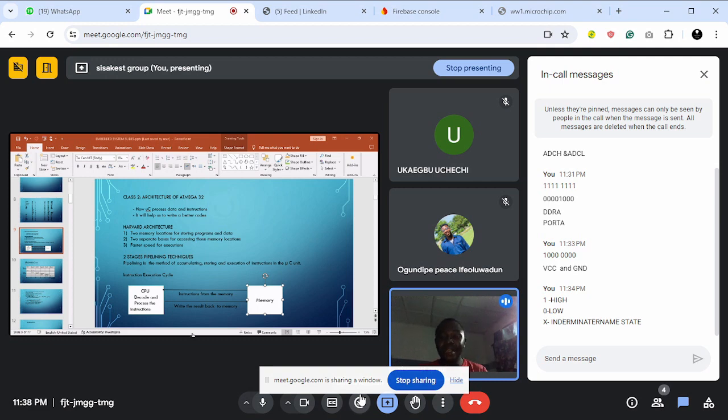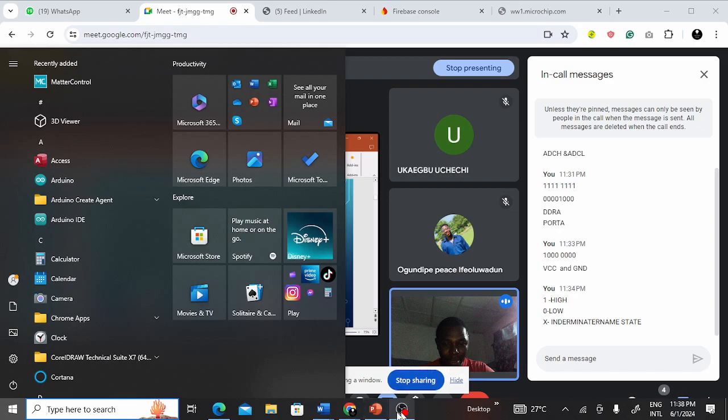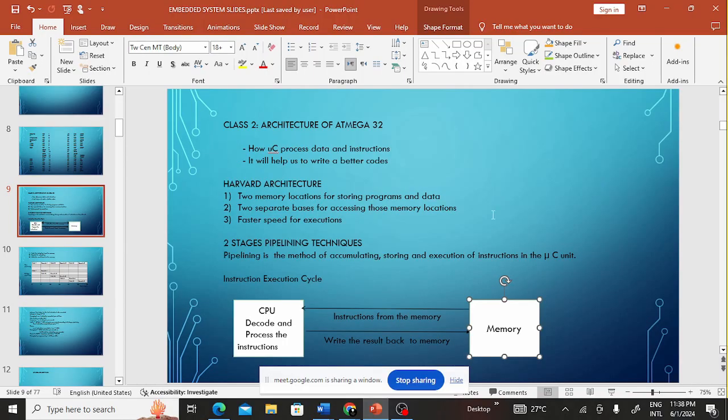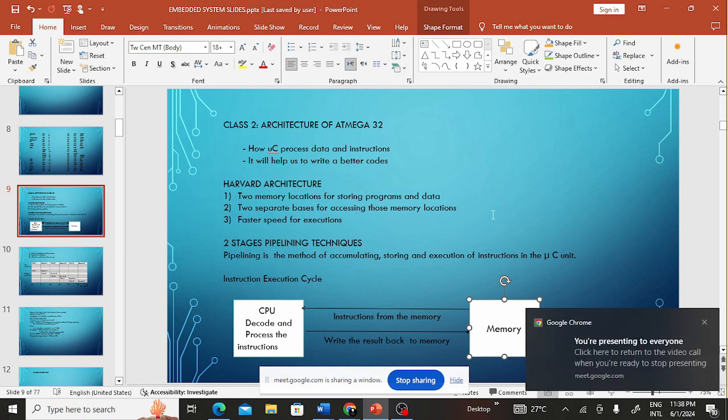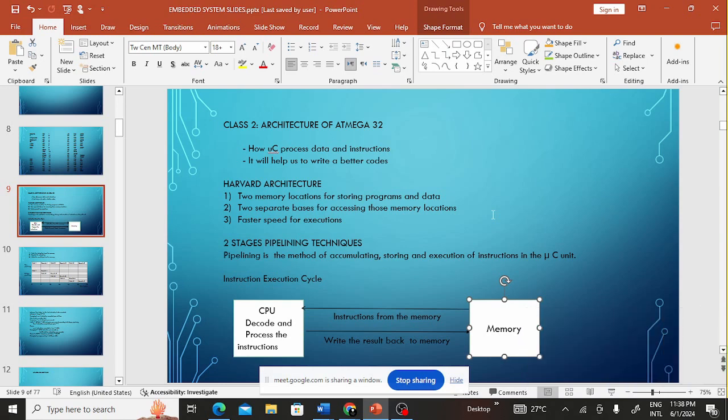But in Harvard architecture, as you are seeing on the screen currently, it uses 2 data buses. One for the program memory, the other for the data memory. So at the same time, you can both fetch instructions and execute instructions.